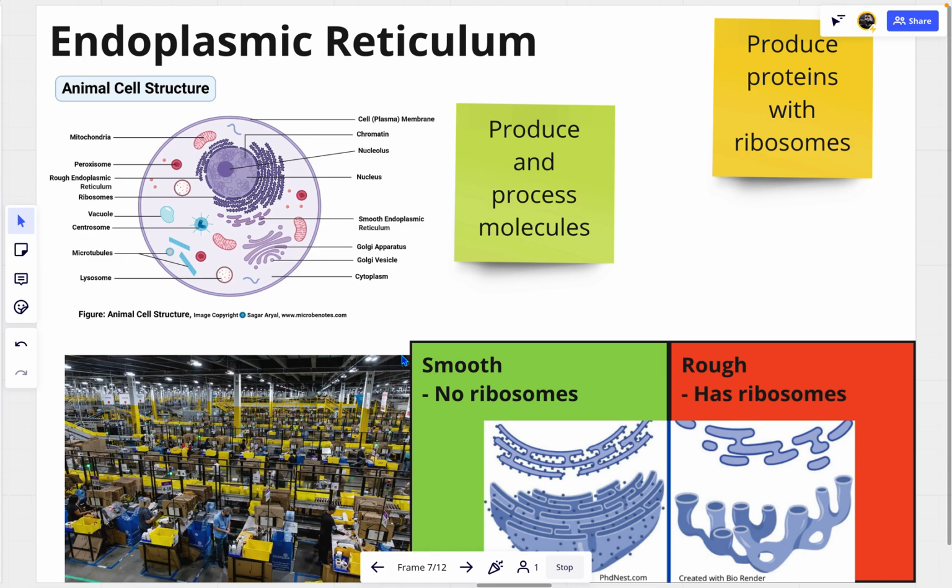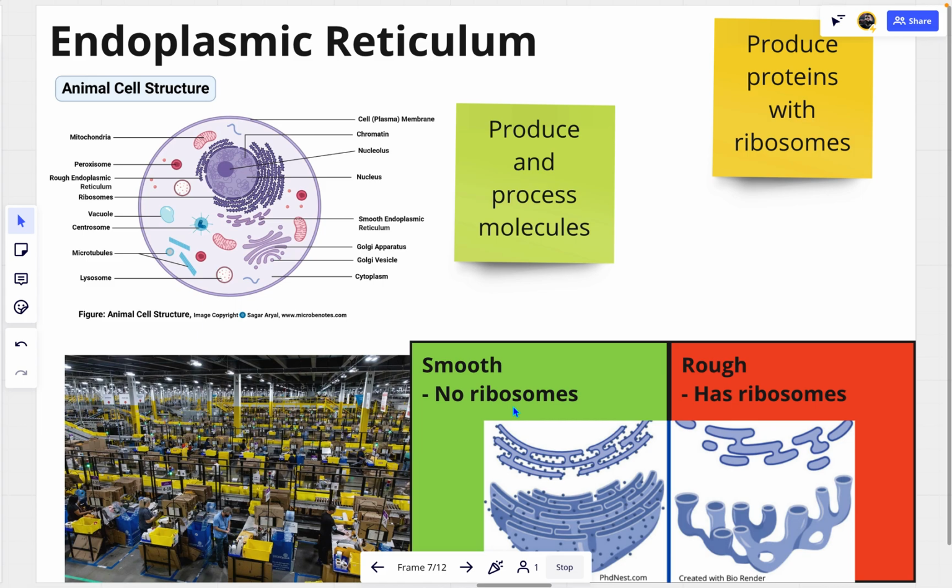Basically, the ER helps produce and process molecules created by the cell. The ER also transports these molecules to their specific destinations, either inside or outside the cell. So basically, they are like the sorting and packaging section, the organelle of the cell.